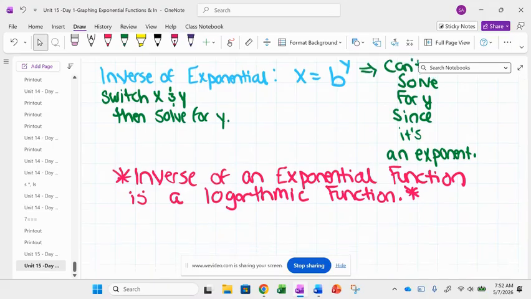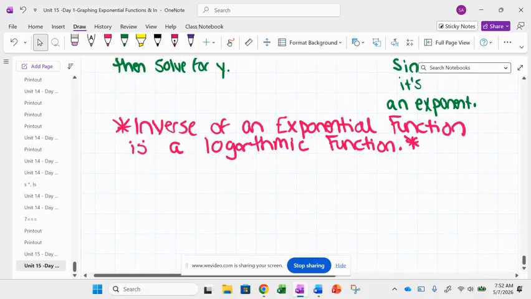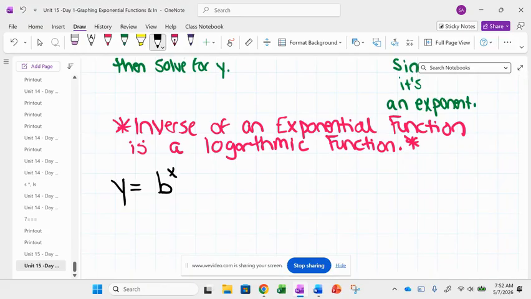Okay, so what do we do for this? So let's go back. y equals b to the x power. Can I write this exponential as a log? Absolutely. Can I write any exponential as a log? So remember, the rule is log base, our argument is our answer, equals exponent.